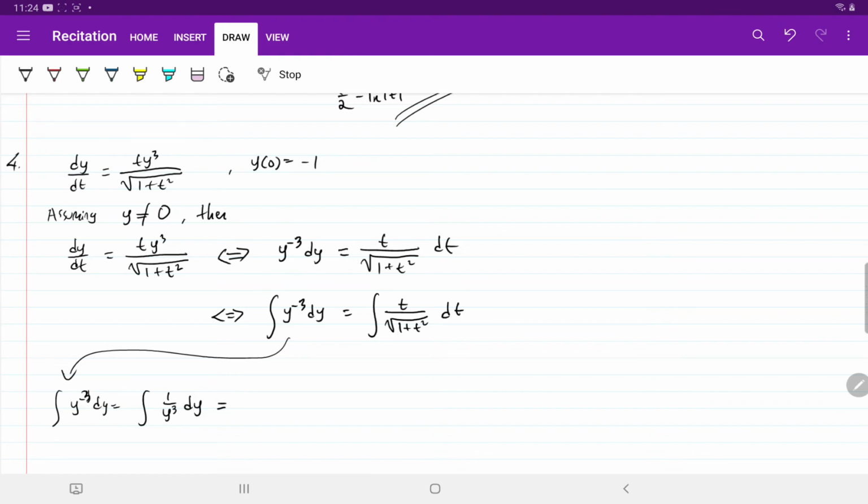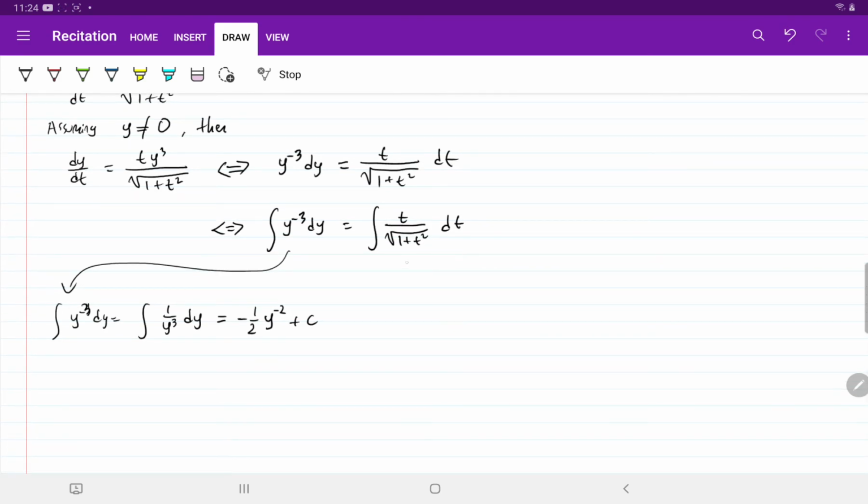It's equivalent to minus 1/2 y power minus 2 plus c, and this one here is t over square root 1 plus t squared dt.